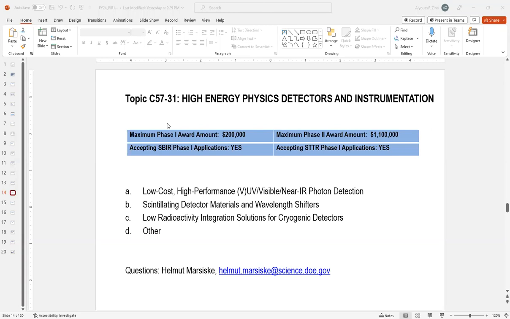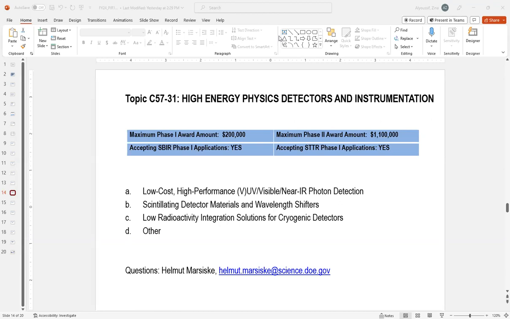And then moving on to subtopic C, low radioactivity integration solutions. I already mentioned in connection with one of the previous subtopics that some of our applications are experiments searching for very rare events. And for these experiments, radioactive backgrounds are problematic.